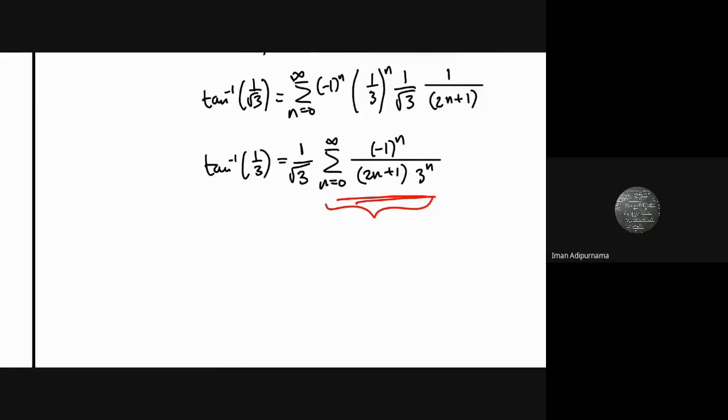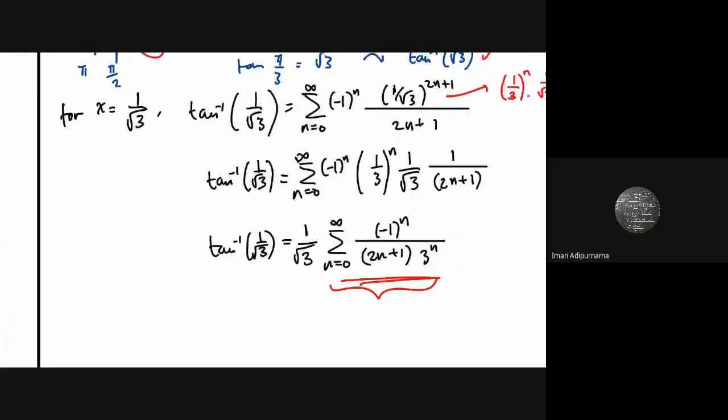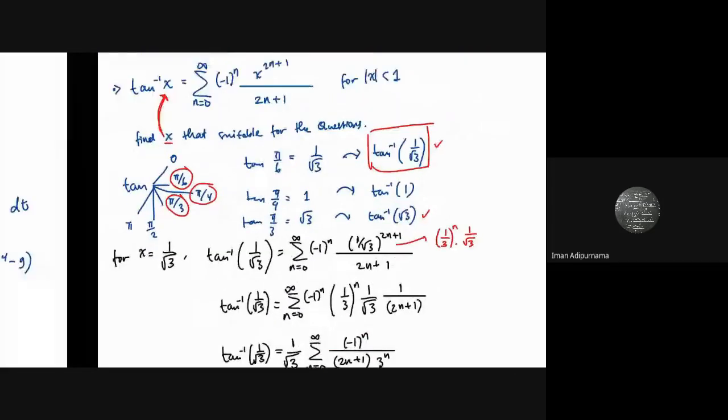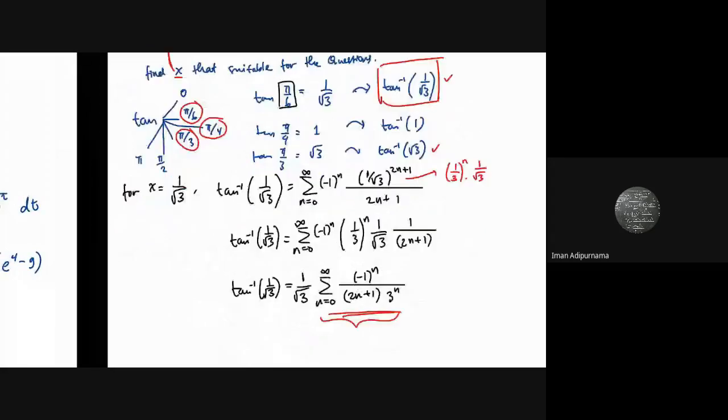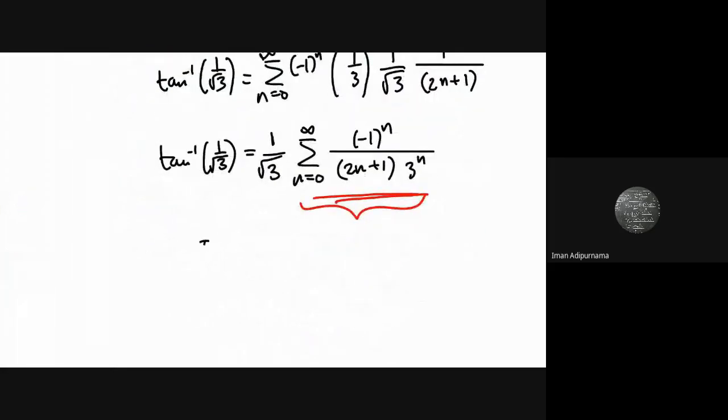So tangent inverse of 1 over square root of 3 is pi over 6, right? So this becomes pi over 6. And 6 I will move to the right side, so it becomes like this. And write down the series.